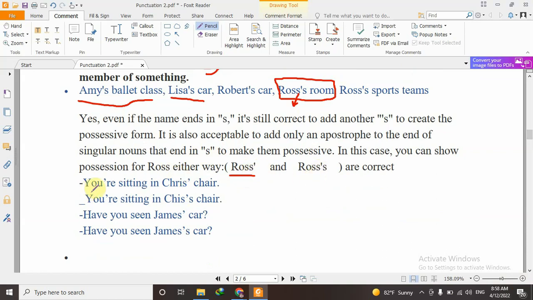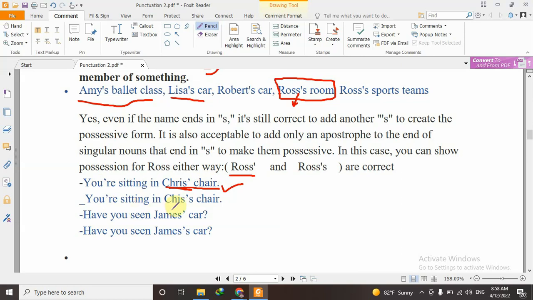Now you have here: you are sitting in Charles's chair. This is correct. Charles's chair is correct: Charles, an apostrophe, and the second word. Or you can say it or write it. Of course, we are not saying it, we are writing.